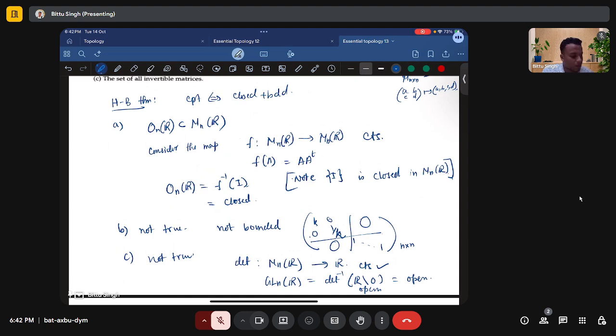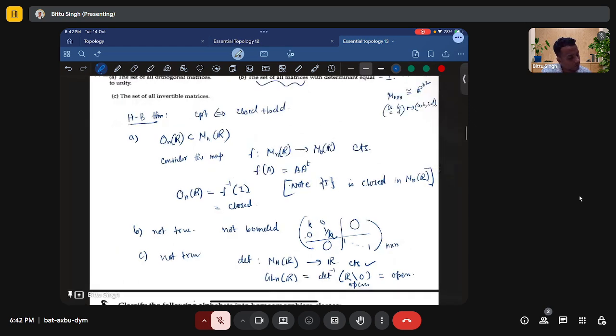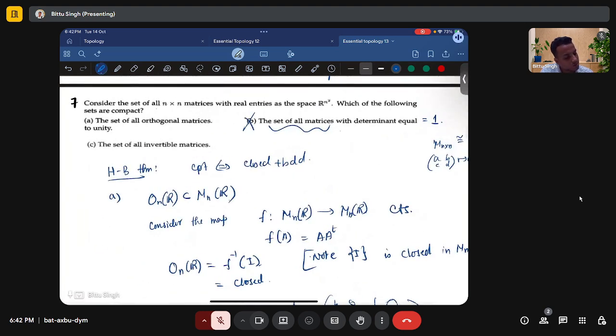R n Euclidean space, or M n R, that is also Euclidean space, is connected. By connectedness, this cannot be closed. So B is false, C is false.